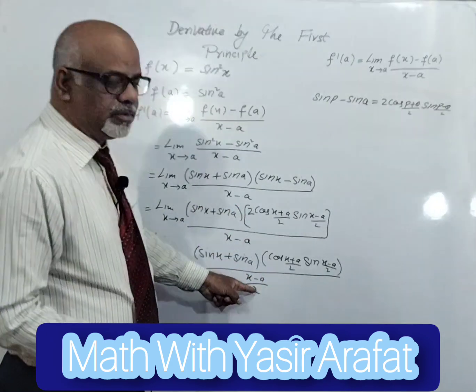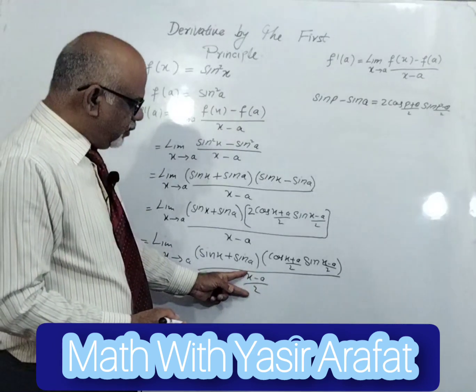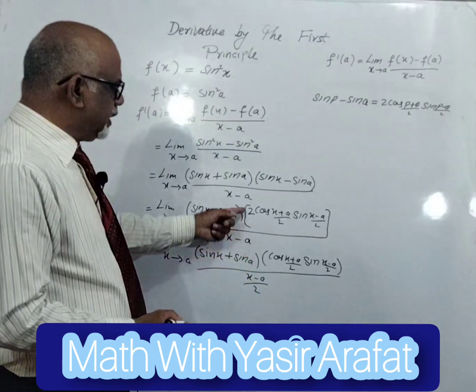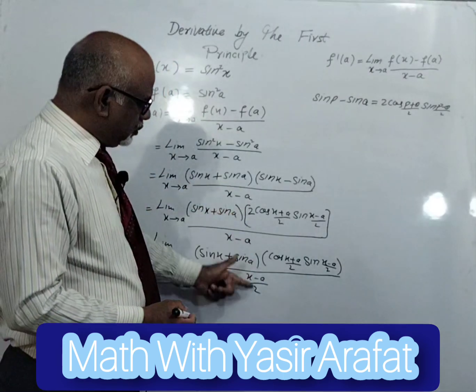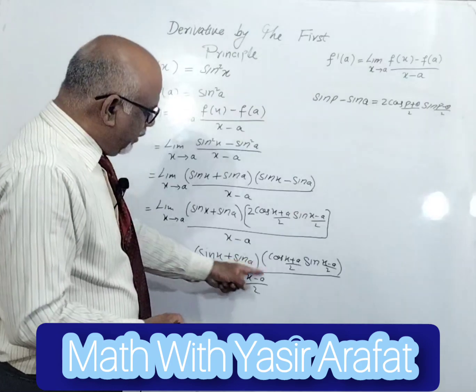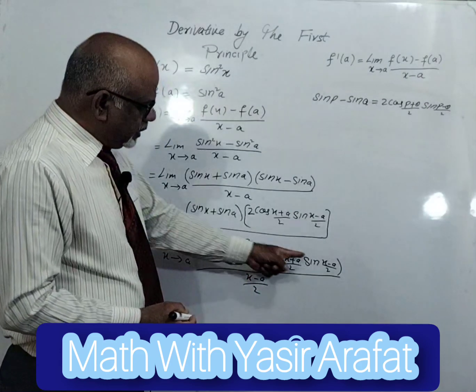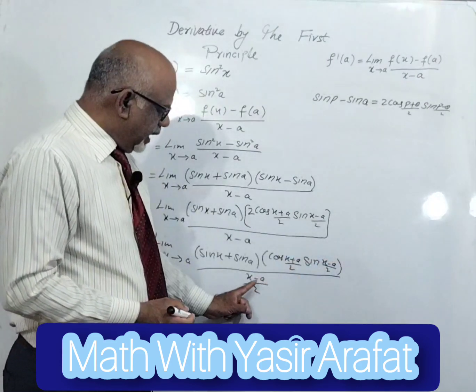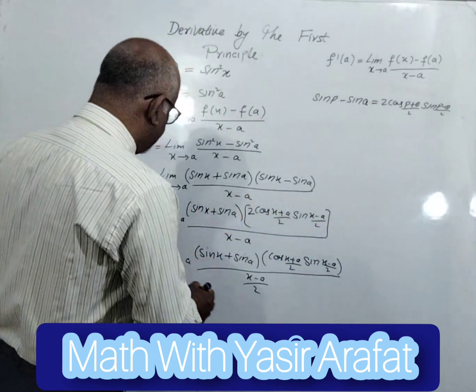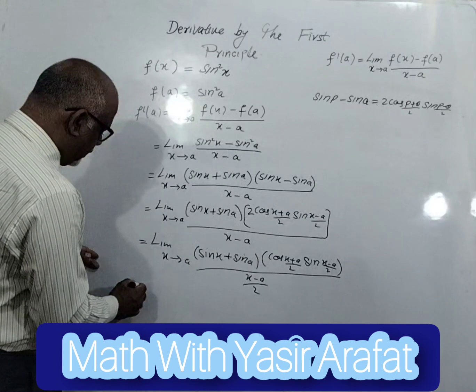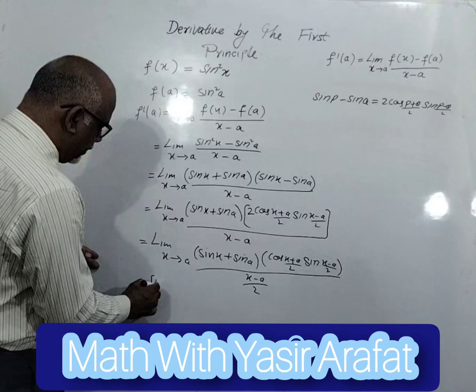This 2 we have to shift out here, x minus a upon 2. When we take the reciprocal of this, we will get again 2 here. So why do we do this? Because this is sine of x minus a, and we have here x minus a upon 2, it becomes the sandwich theorem. So we write this with separate limits.